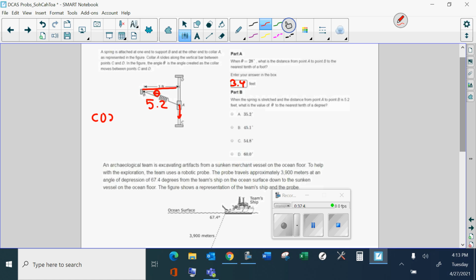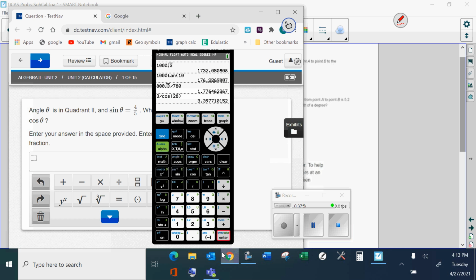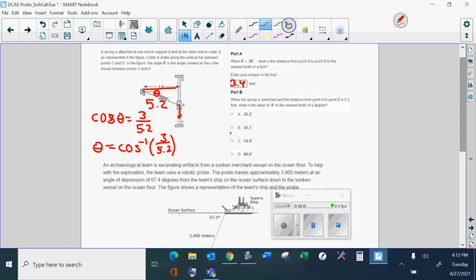So cosine of theta equals adjacent over hypotenuse. Solve for theta, inverse cosine of 3 divided by 5.2. That's 54.8, right there.